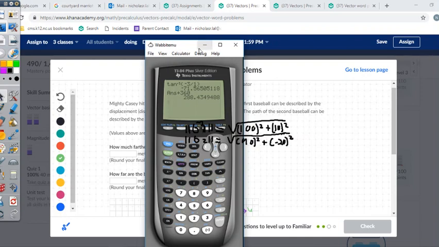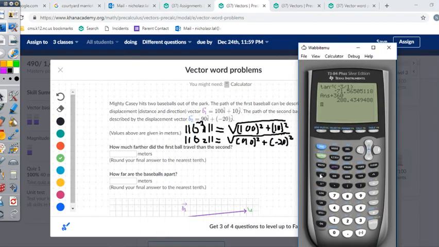We can take our calculator and find the square root of 100 squared plus 10 squared, which should be 100. Let me double check that. 100 squared is 1,000 and 10 squared is 100.